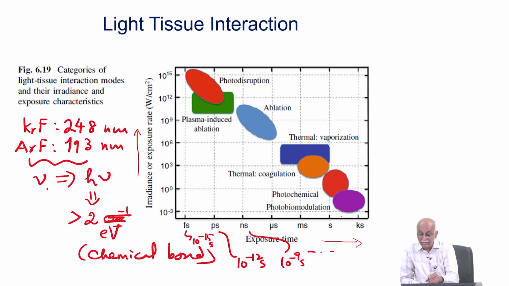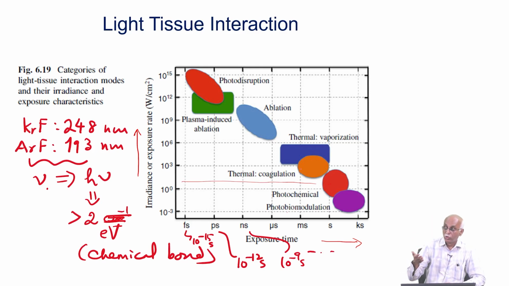And if we go further, where a low power, almost continuous wave laser of a few watts per centimeter square, over here it induces photochemical reactions. So what is a photochemical reaction?